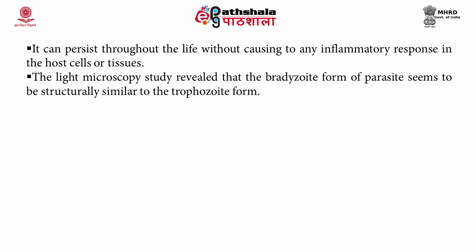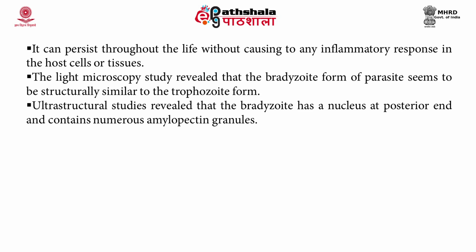The light microscopy study revealed that the Bradyzoite form of the parasite seems to be structurally similar to the Trophozoite form. But ultrastructural studies revealed that the Bradyzoite has a nucleus at the posterior end and contains numerous amylopectin granules.